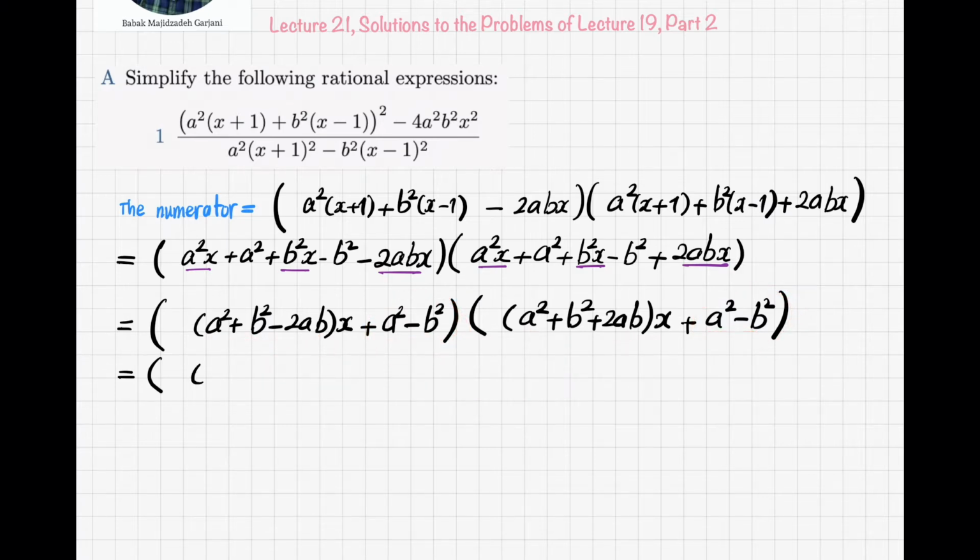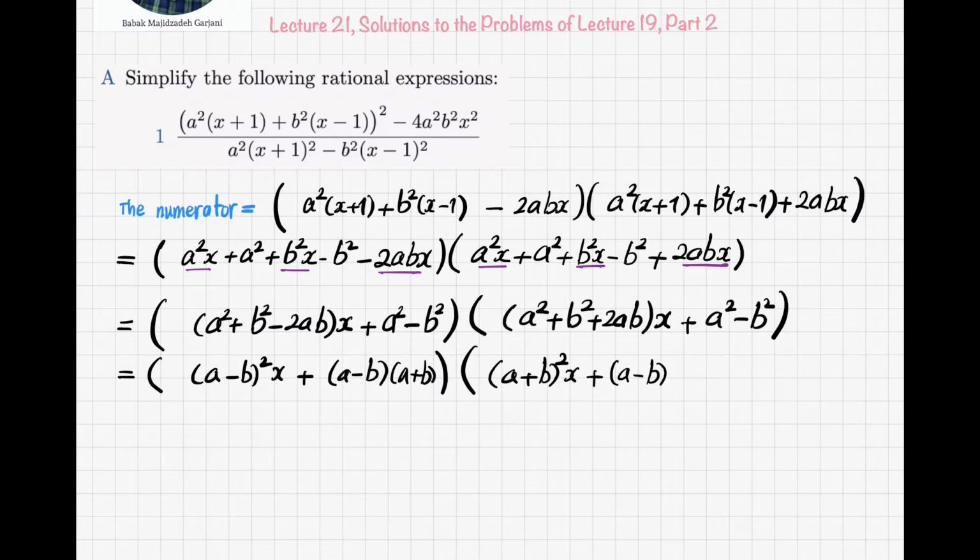So this becomes a minus b to power 2 x plus a minus b times a plus b, and then the same thing for the other pair of brackets. Now you can see that this a minus b here and here is a common factor, and in this pair of brackets, this a plus b here and here is a common factor.